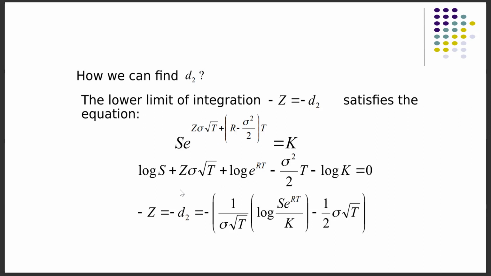We remember that we have profit only in the case when the market price at the time of maturity is more than K. So we would like to find from which value this will hold. So S_T equals K. S_T we can write with this formula, the solution of the geometric Brownian motion, and it equals K. From this equation, we need to find z.